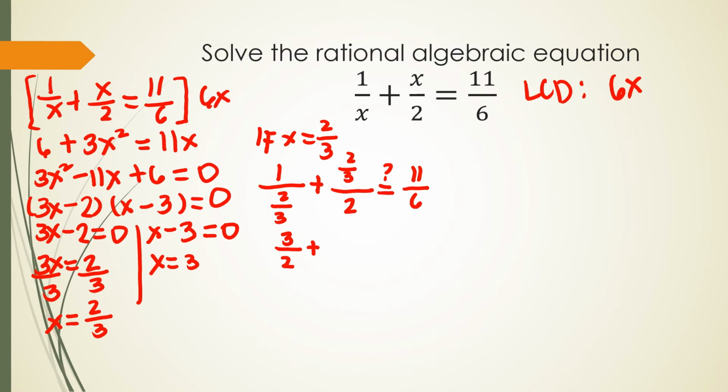Okay, get the reciprocal of 2 and then multiply by 2/3, we will come up with 2 over 6. So we need to simplify, that will become 1/3. Is it equal to 11 over 6? So as we can see, 3/2 plus 1/3. They have different denominators, so we need to get the LCD. So the LCD of 2 and 3 is 6.